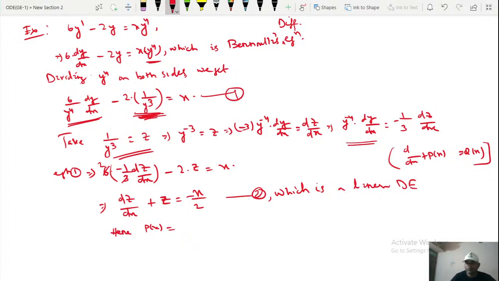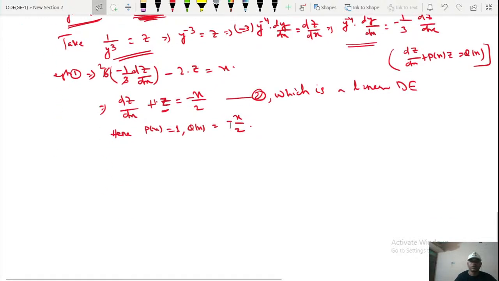That means this is dz by dx plus p of x into z. So the coefficient of z is 1 only, so p of x is 1, and q of x is your minus x by 2.